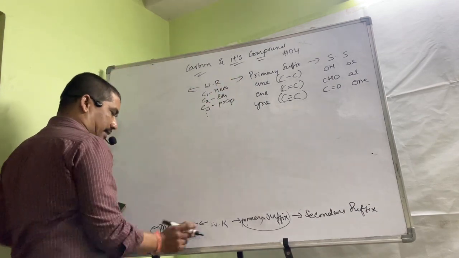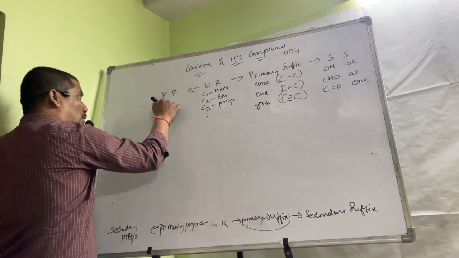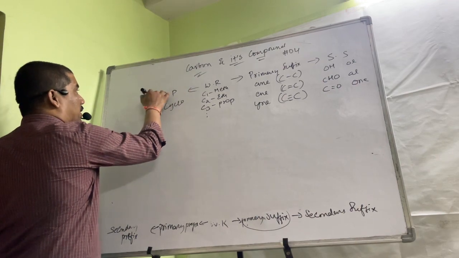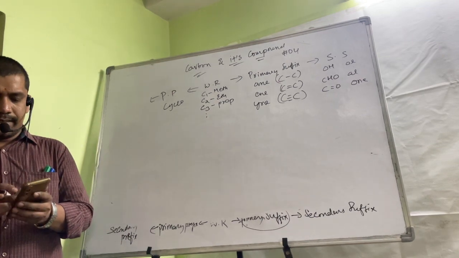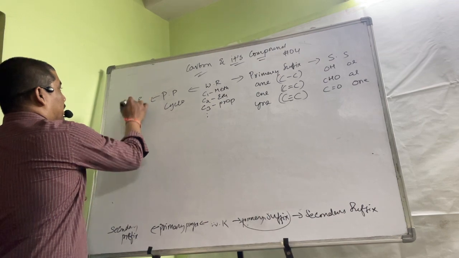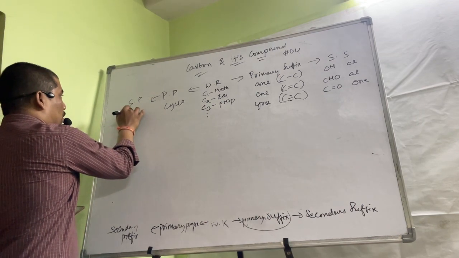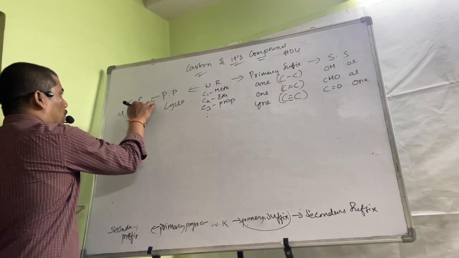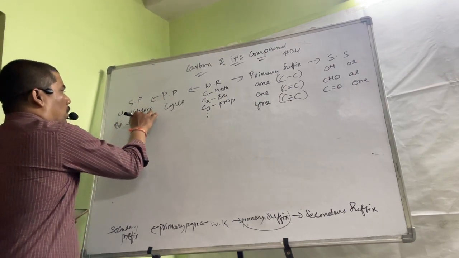After going to that, primary prefix. This is only cyclo if a cyclic compound is available. If not available, leave it. After that, secondary prefix. If chlorine is given, we should write chloro. If bromine given, bromo.